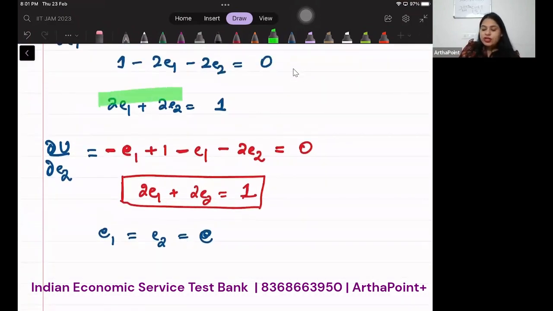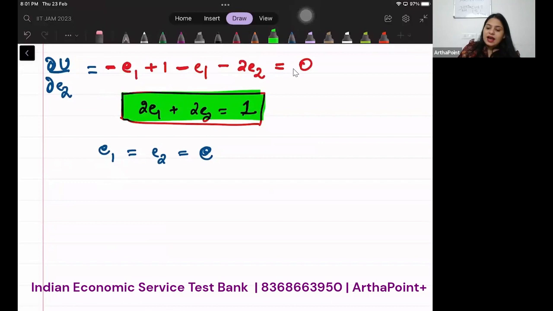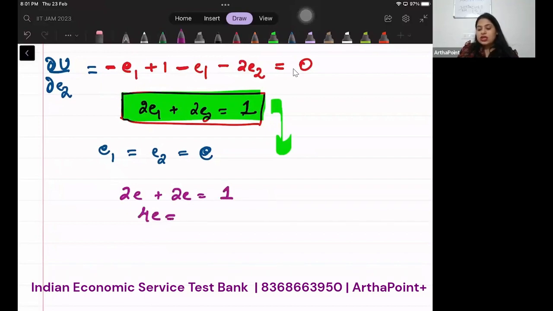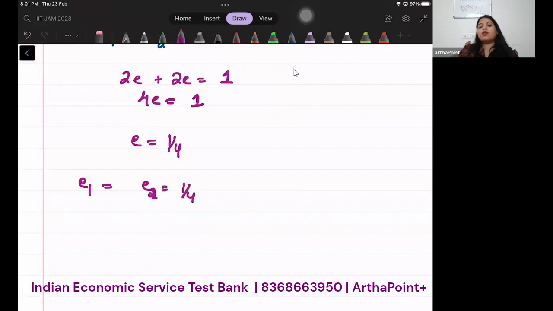So I can put it in this equation or in this equation, both are the same. What will I get? 2E plus 2E is equal to 1. 4E is equal to 1. E is equal to 1 by 4. So in this case, each agent will put in 1 by 4 of effort.